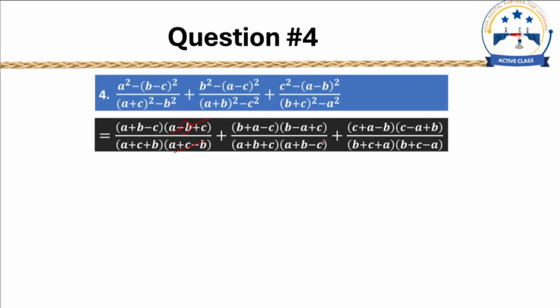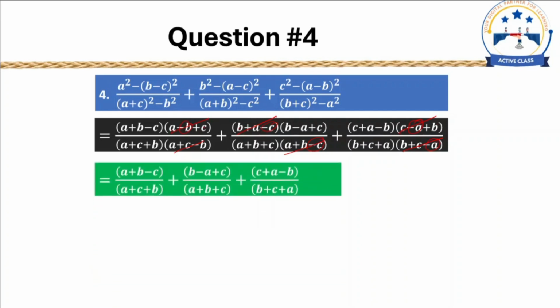Likewise, this c is minus over here and this c is minus, isn't it? a and b are plus in the numerator, so this factor and this factor are the same, just their position is different. Look here, in the third factor, a is minus and this a is minus in the numerator. b and c are plus, b and c are plus. This one and this one are also the same factor, you can cancel them out.